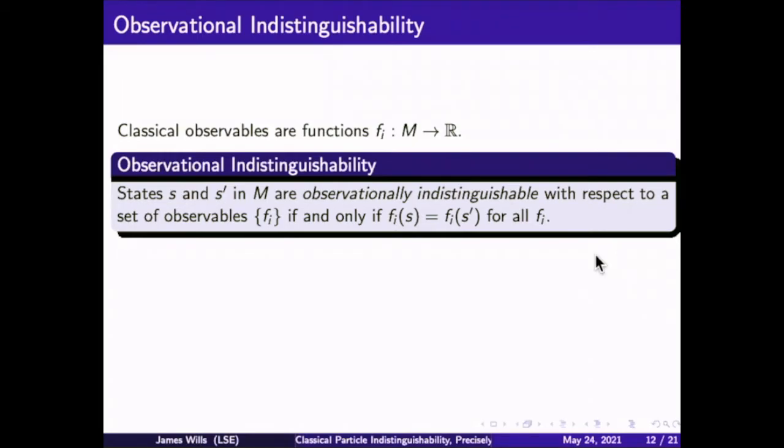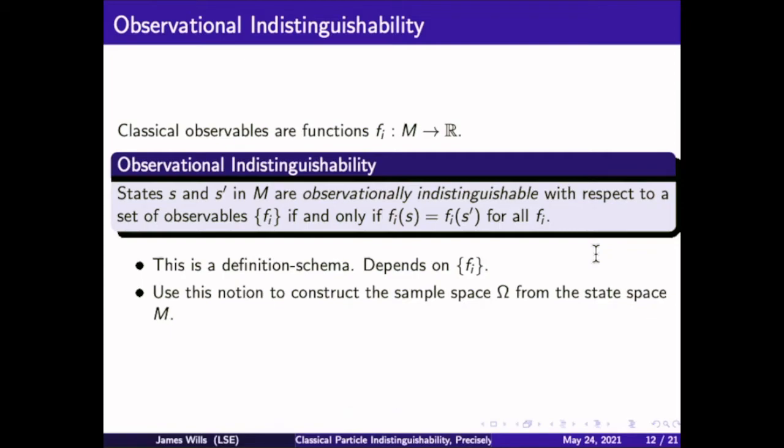Some comments on this. First comment, this is a definition schema. So it depends on what set of observables you choose to put in this set. For each set of smooth functions Fi you want to put in this set, you're going to get a different definition of observational indistinguishability.